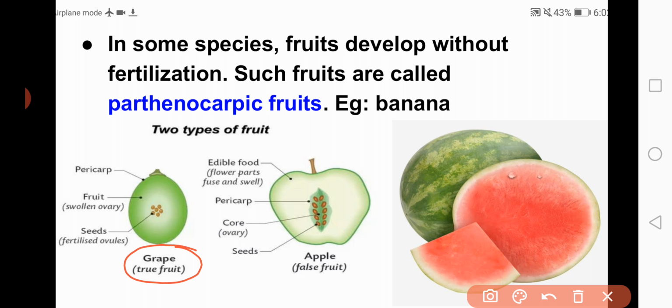That means this parthenocarpy can be induced through the application of growth hormones, and such fruits are also called as seedless fruits. Example, banana, watermelon, etc. So parthenocarpic fruits are nothing but these are the seedless fruits which are formed without fertilization. Okay, clear?